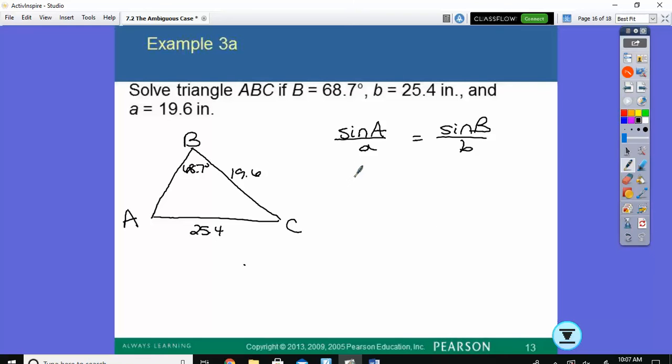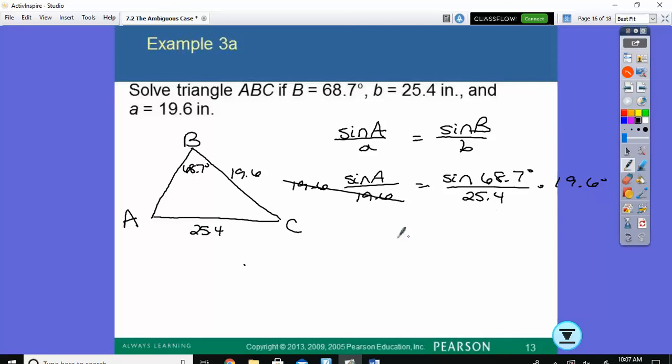So if we start plugging in, I don't know angle A. Side A is 19.6, angle B 68.7 over the 25.4. So multiply over the 19.6. And everybody should be doing this, not just me.